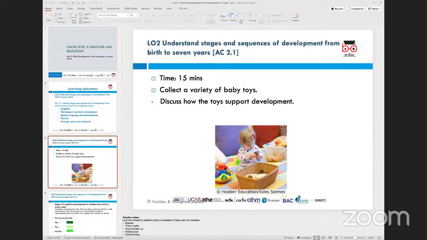Now, after the first 3 months, or from 3 months to 6 months, what you are going to see is more movements which the baby is able to do. They start making a bit of noise, different types of words, respond when you put your finger up or move your eyes, and they start to follow things. They start to facially recognize the mother and the father, or the person who's taking care of them.